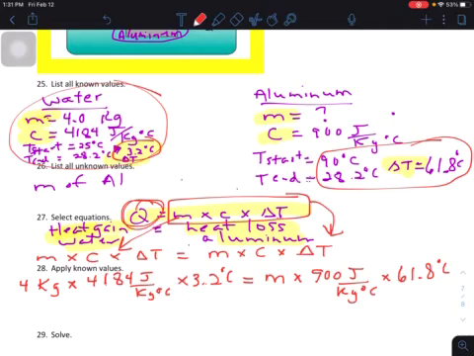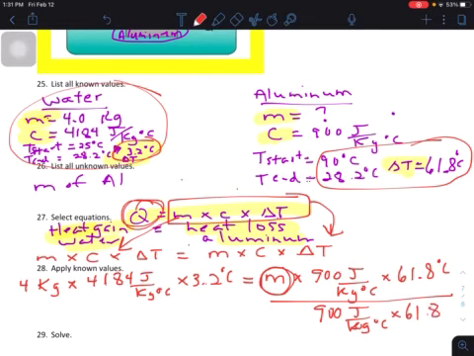So we just need to solve for the mass. We need to isolate the mass by itself, and since it's multiplying on the right hand side, we're going to divide by 900 joules per kilogram degrees Celsius times 61.8 degrees Celsius.